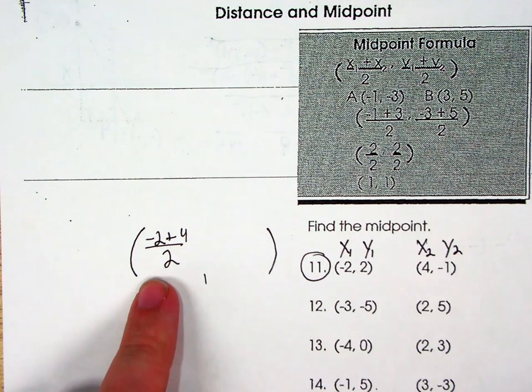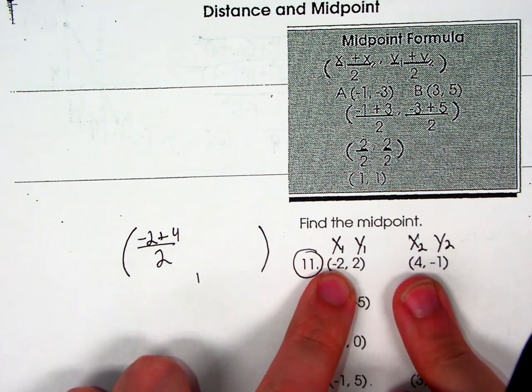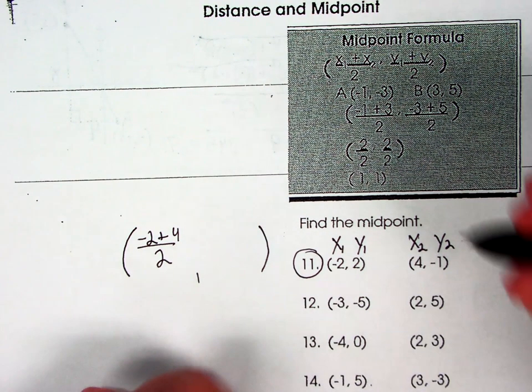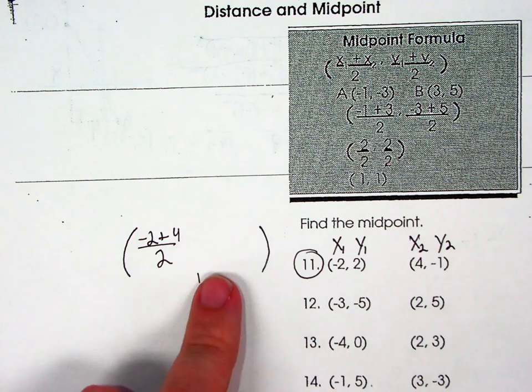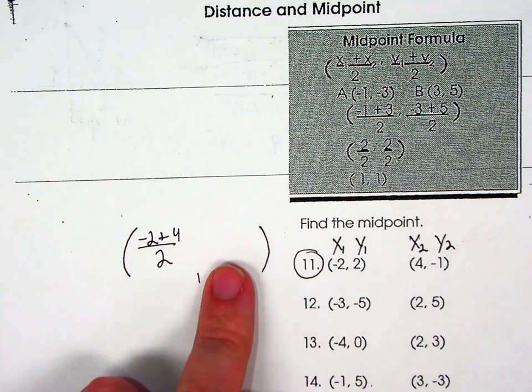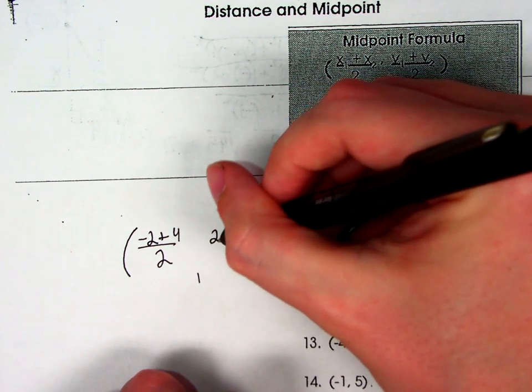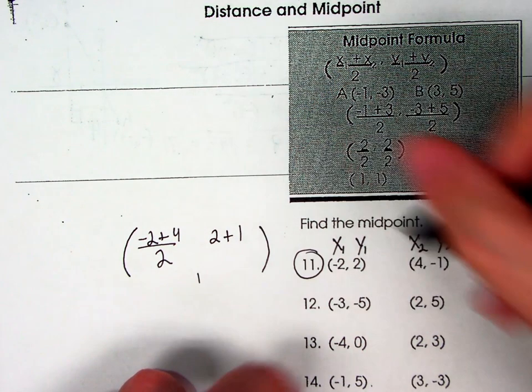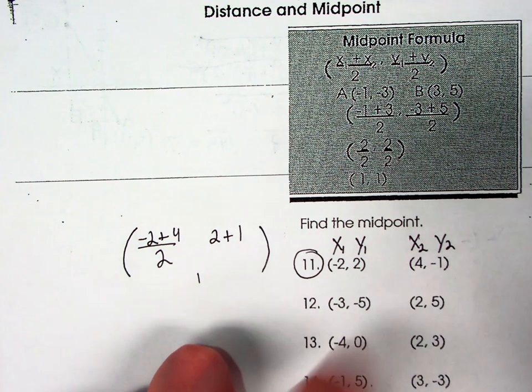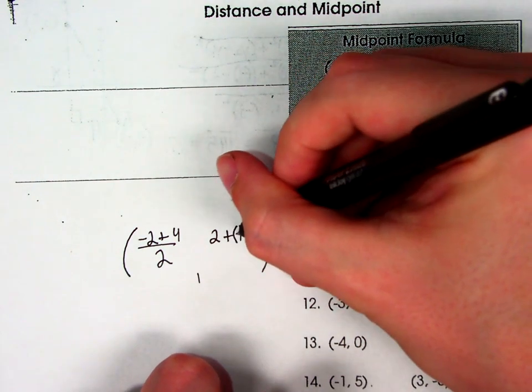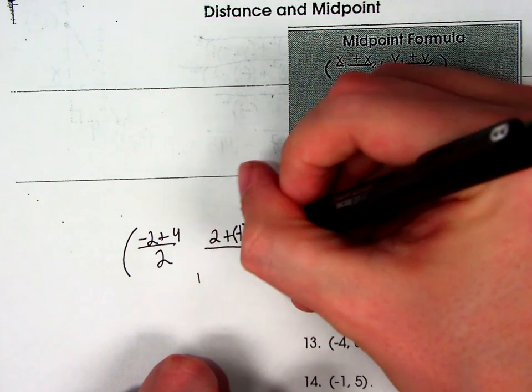That'll be adding up my 2 x values and dividing by 2. I have a comma because now I'm going to focus on the y values. It's the second coordinate. I'll do 2 plus a -1 divided by 2.